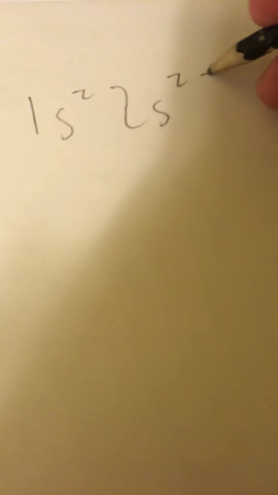Let's start drawing some diagrams. So let's say my electron configuration is going to be 1s2, 2s2, 2p6, 3s2, 3p3, let's just say.